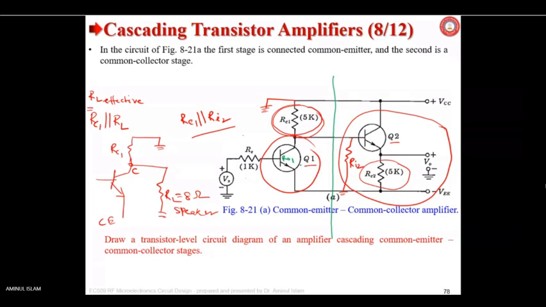So here RO1 prime is nothing but RO1 parallel RC1. The left side part has this much resistance. After that, you connect the load, like a speaker, another resistance which is called RI2. Is it understood?